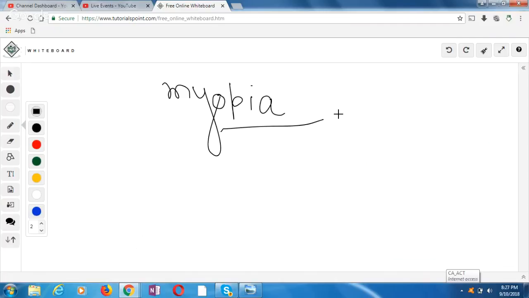What do I mean by short sightedness? A person is able to see something which is nearby, but is not able to see something which is very far away.